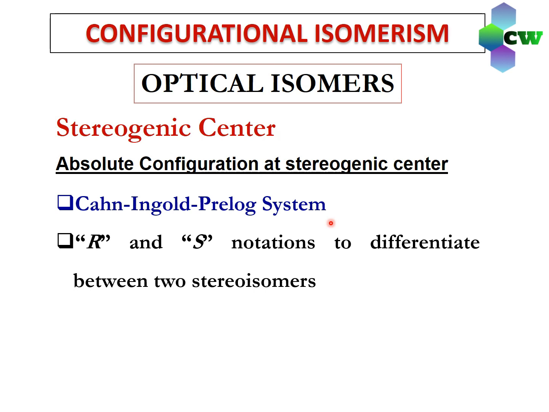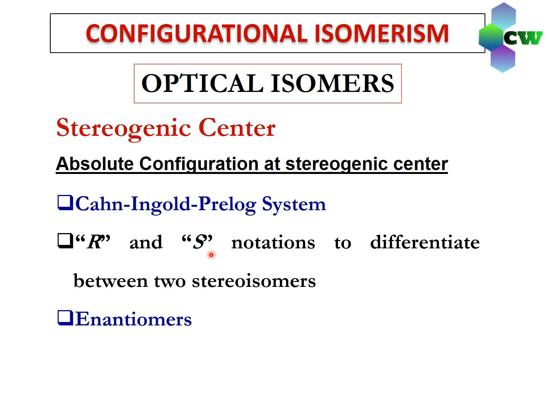So we can assign R or S notations to differentiate between 2 stereoisomers or 2 optical isomers of a molecule. R is from rectus, meaning right, and S is from sinister, meaning left. We will see in a moment how we can assign R or S configuration to these stereogenic centers.